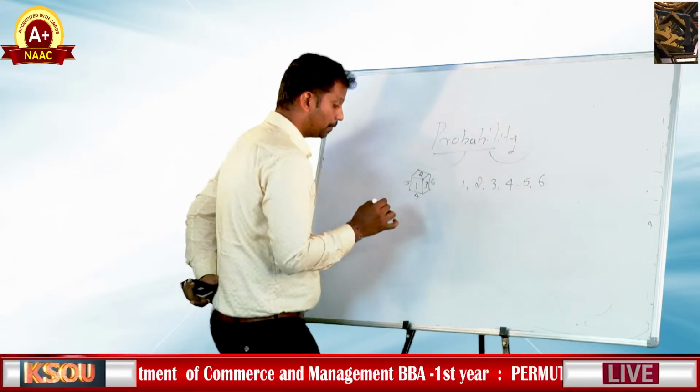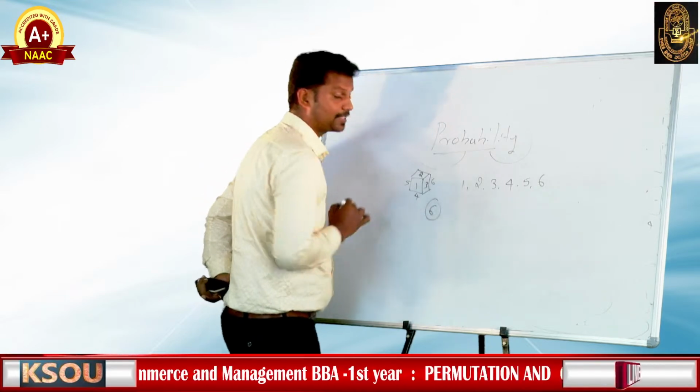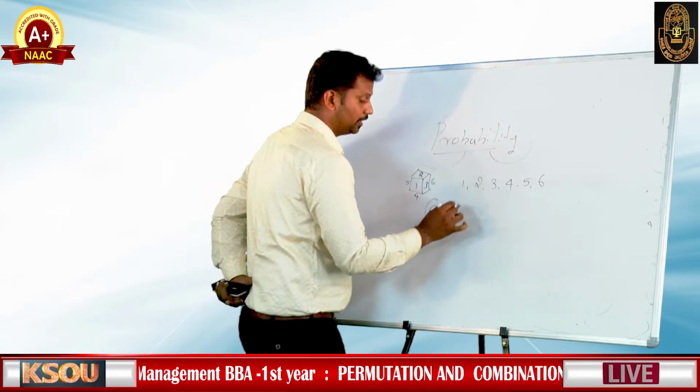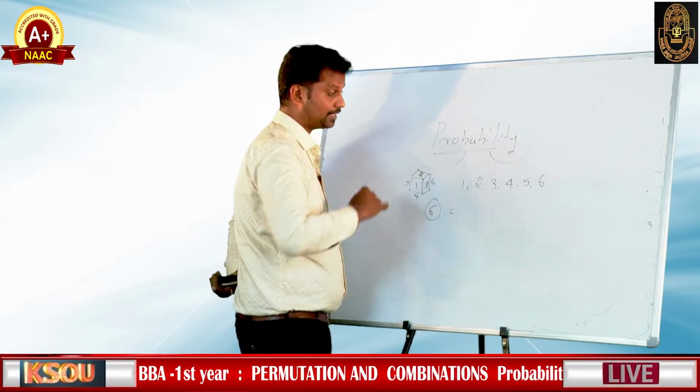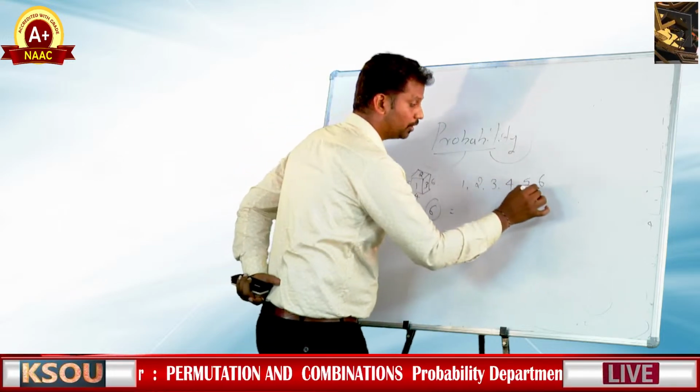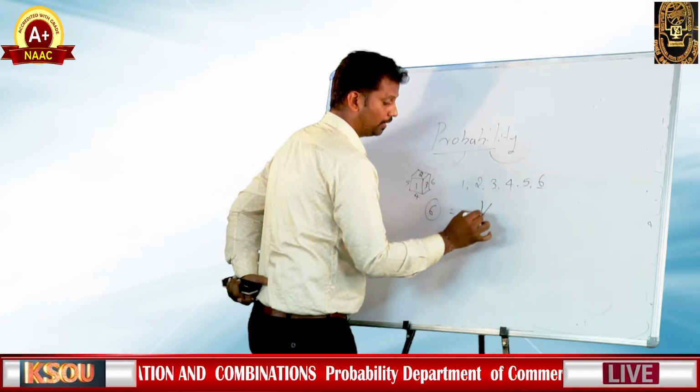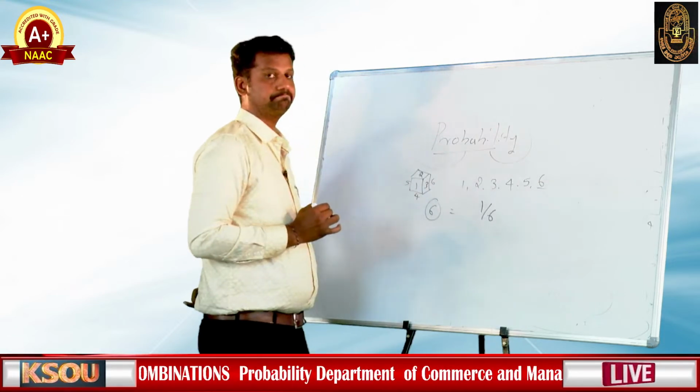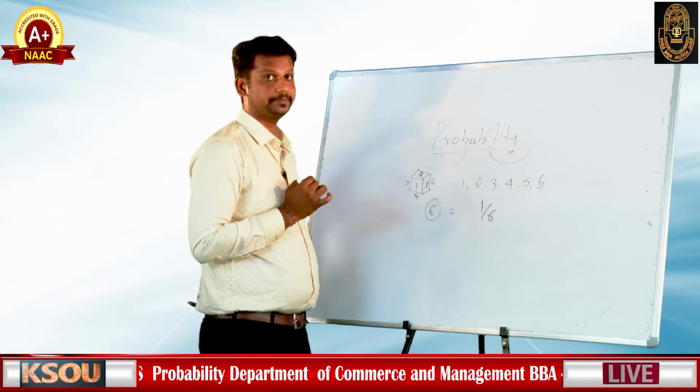What is the probability of getting the number 6? Out of 6 events, the probability of getting 6 is only 1. That is 1 divided by 6. You can expect these types of questions.